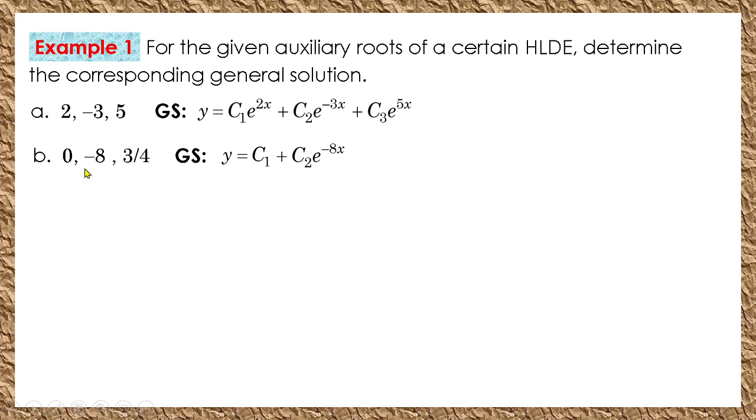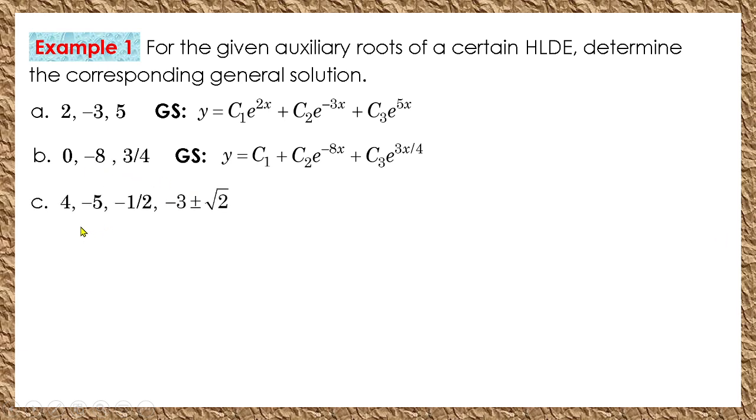Plus c sub 2 e to the negative 8x. And then plus c sub 3 e to the 3/4 of x, so e to the 3x over 4. So this is the general solution corresponding to the linear DE whose auxiliary roots are 0, negative 8, 3/4.